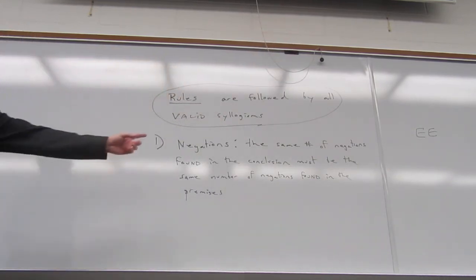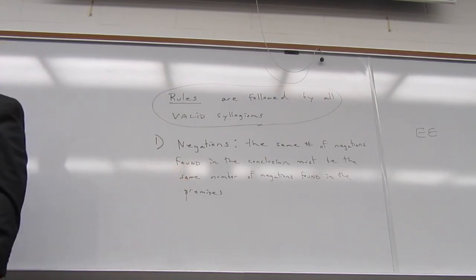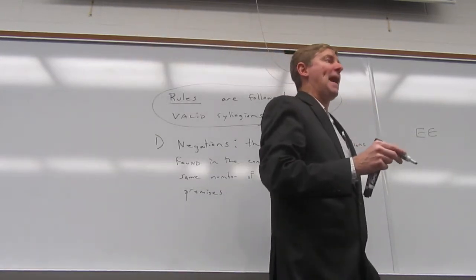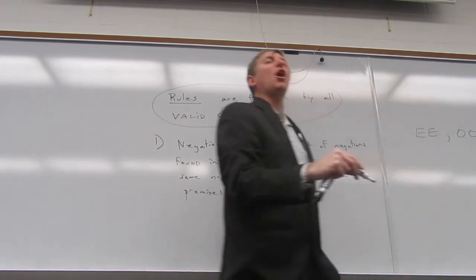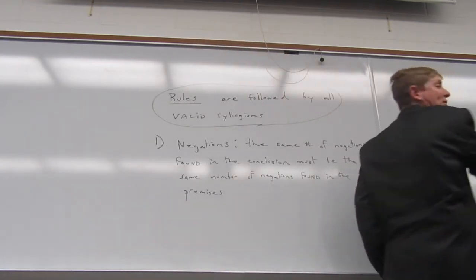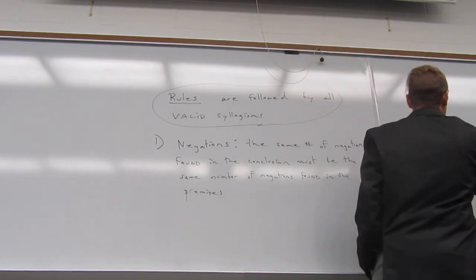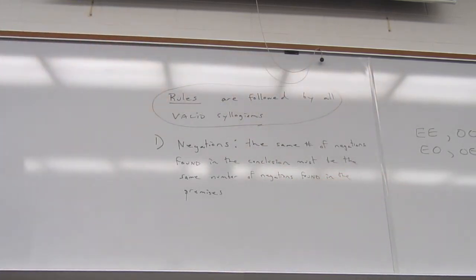And we said that the same number of negations found in the conclusion must be the same number found in the premises. So EE is automatically invalid. If my premises are both O's, it's automatically invalid. And I don't have to look any further. All of these are automatically invalid. You can know that right off the bat.